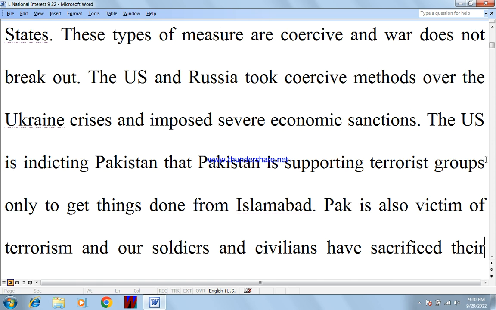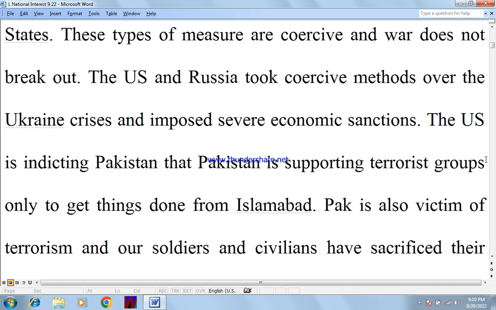These types of measures are coercive, and war does not break out. You have not seen any war between the United States and Iran, despite various contentious issues between them.